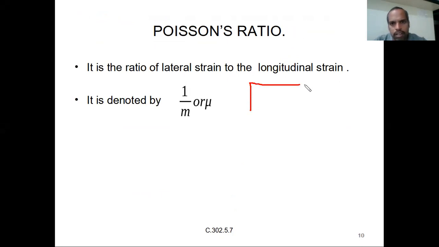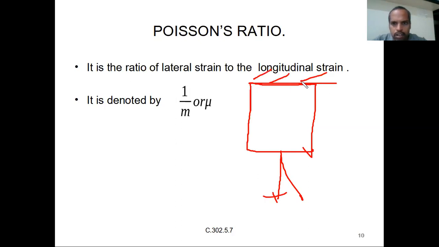So when a member is subjected to a load, let us say I will take another simple bar. For better conceptual understanding, I am taking load in only one direction. Let us say a tensile load is acting downwards. So what happens due to this load?